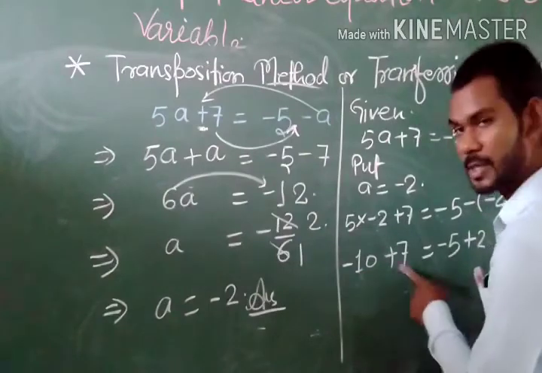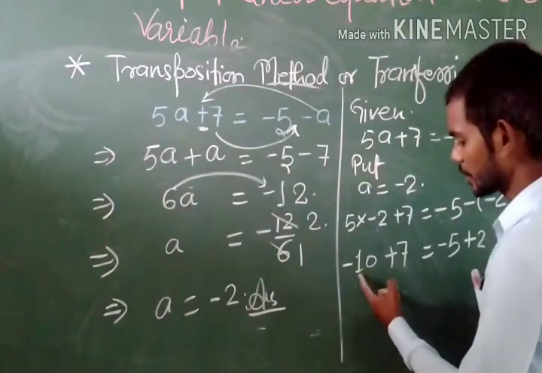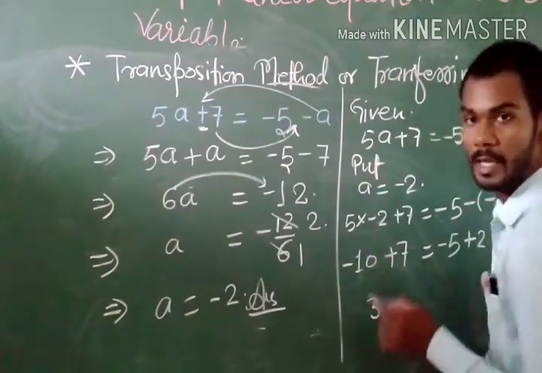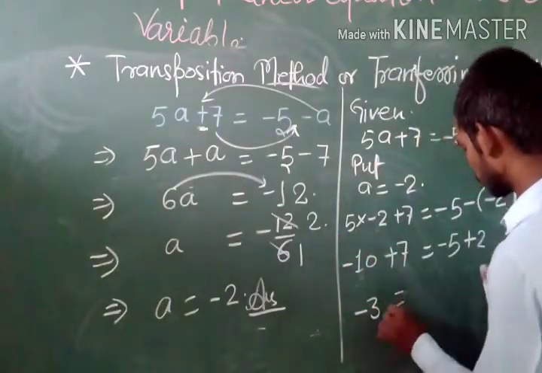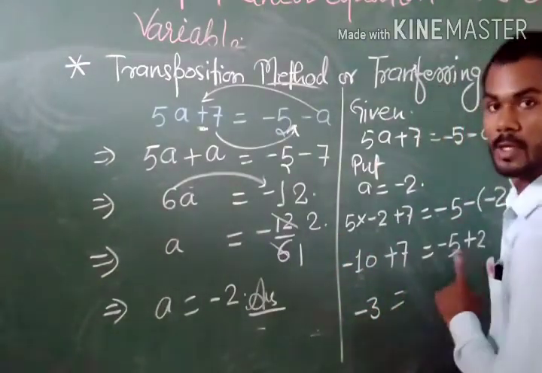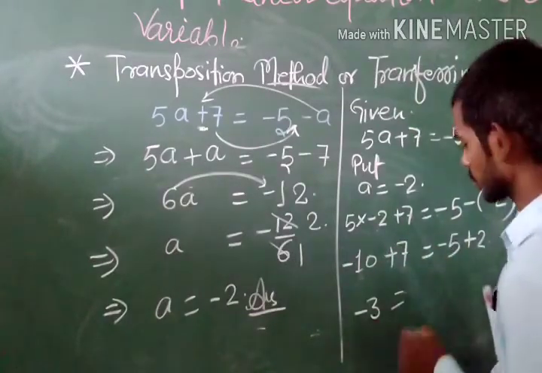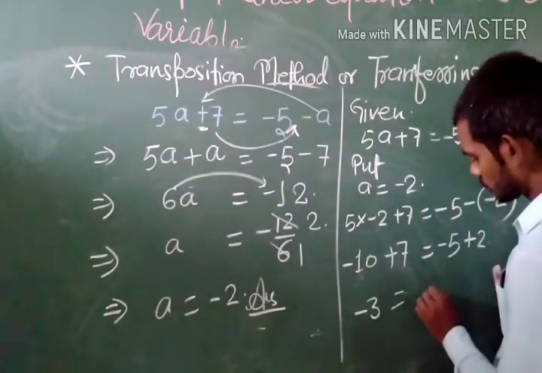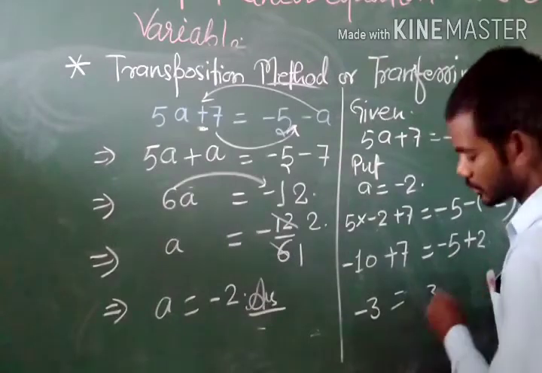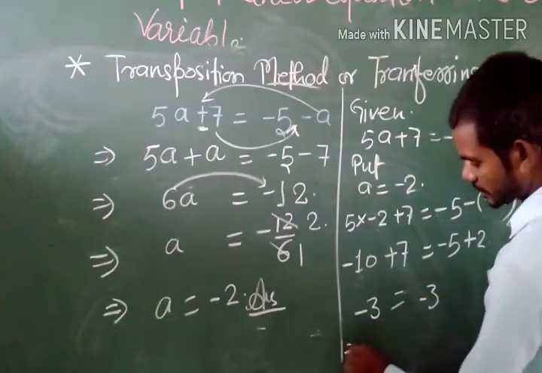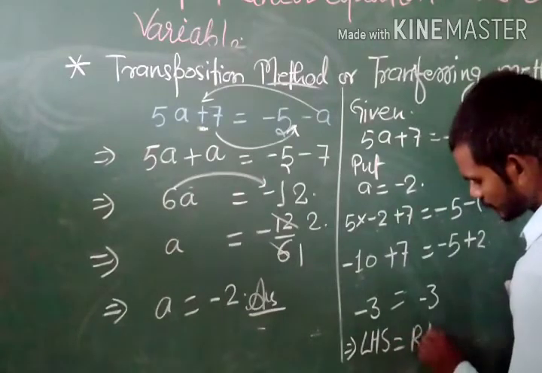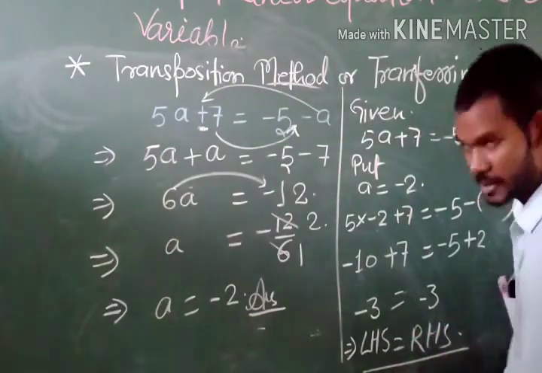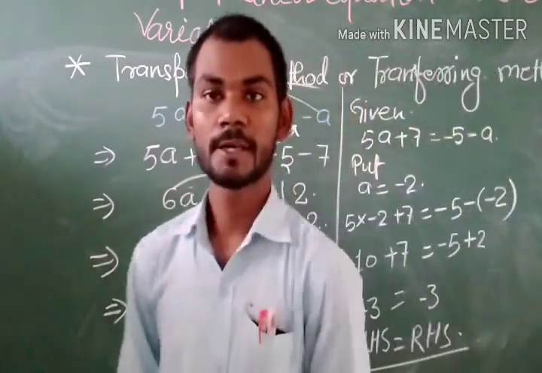Minus 10 plus 7, it becomes subtracted and we have 3, and the sign of the greater, that is minus 3, and this is equal to minus 5 plus 2. It will also be subtracted. 5 minus 2 is equal to 3, sign of the greater, that is minus 3. This implies left hand side is equal to right hand side. That is, our solution is correct.